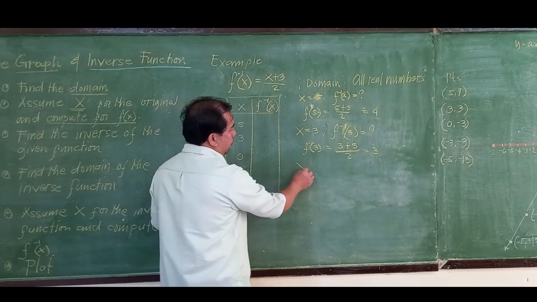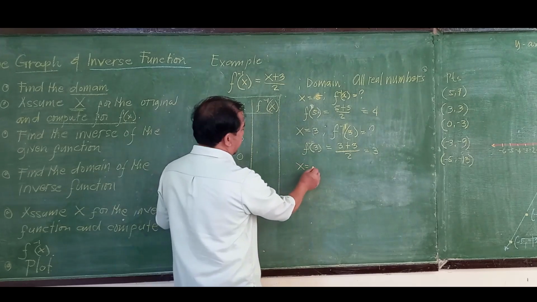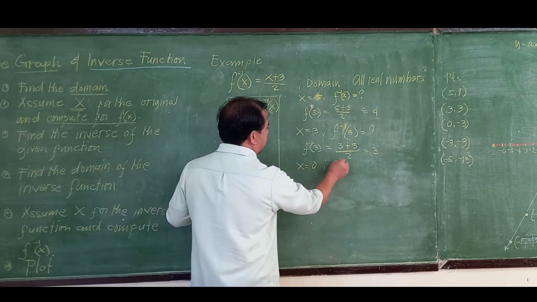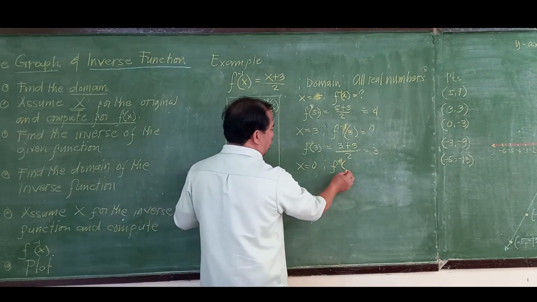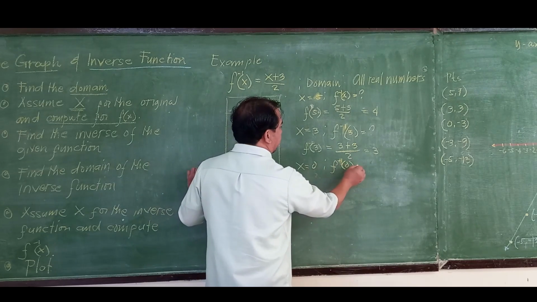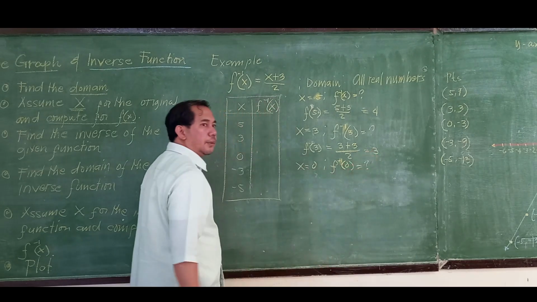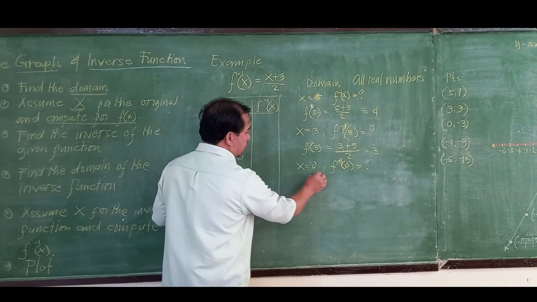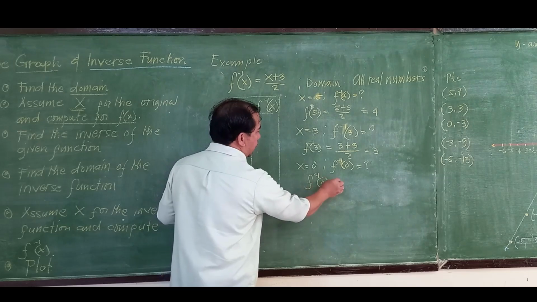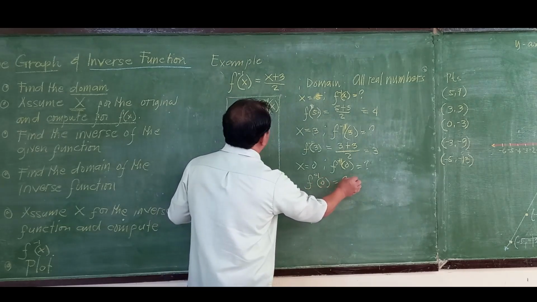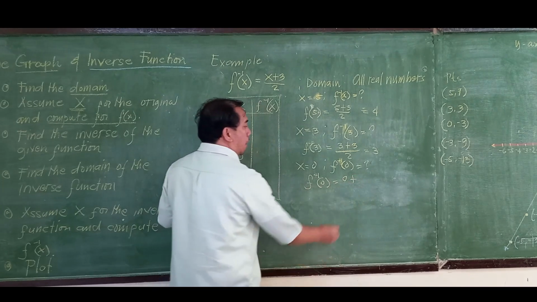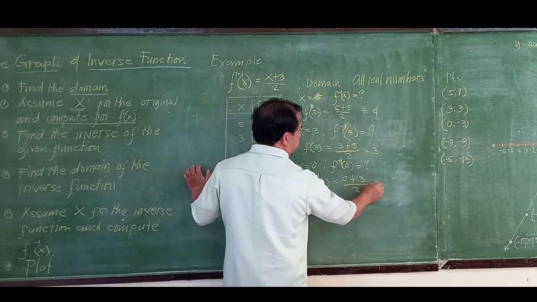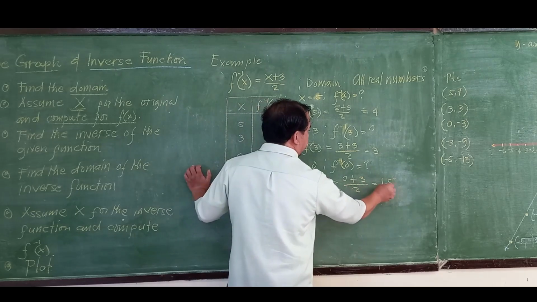What about if the x is 0? What would be the inverse function of 0? We say f of 0 is the same as 0 plus 3 divided by 2. Result? 1.5.